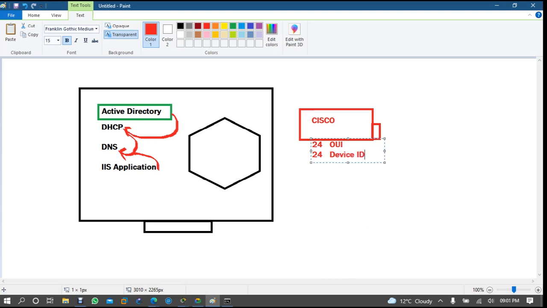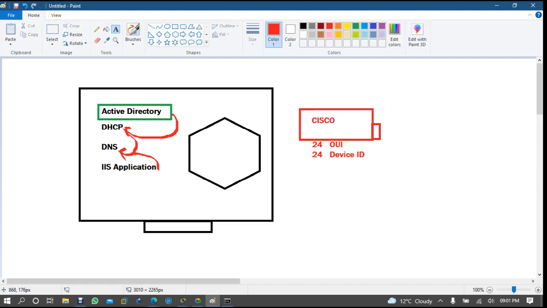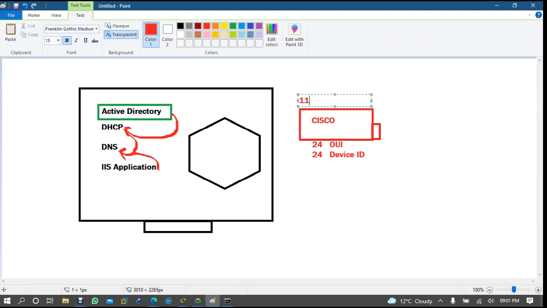Now suppose this LAN card number is 1111000000 something C, something like that.